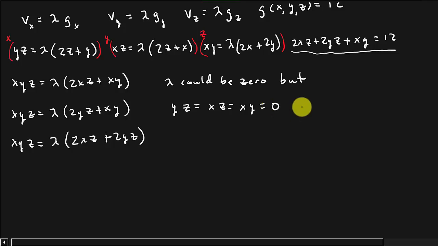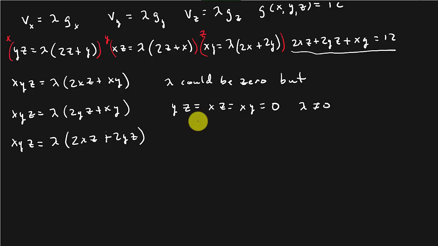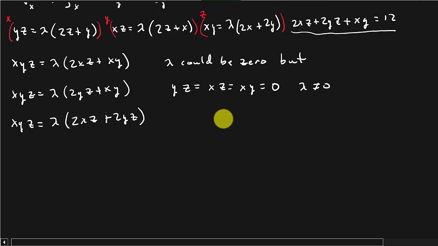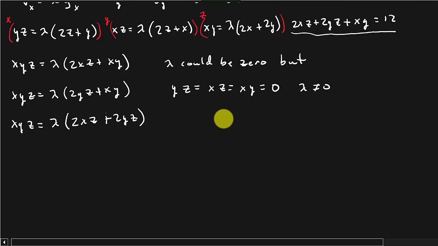So lambda cannot equal 0, because if x, y, or z is 0, then that would not be the side of a box. So we know lambda can't be 0. So let's take these and set them equal to each other.